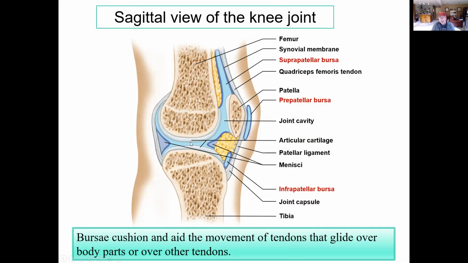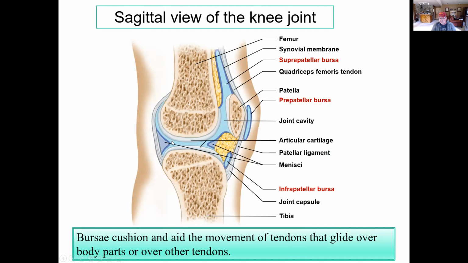What you don't see here, well, you do see them, they do mention menisci, but I don't like the way they drew this. This meniscus really should be extending further into the center of the joint cavity and then back. I would have drawn this in a little bit more and pulled it back, because these condyles of the femur and the tibia don't actually touch one another.